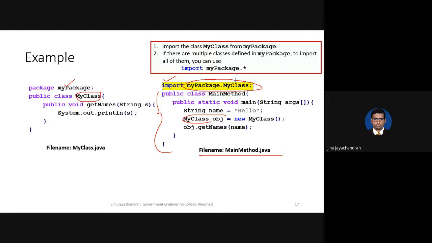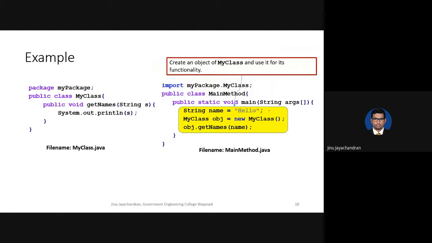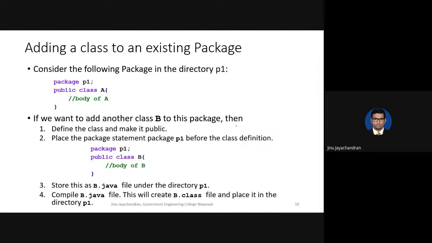You see this object is actually an object of MyClass. How could you access this? Because you have imported MyClass from mypackage. This is how you can access any class from another file or another package. So you have created an object of a class in another file.